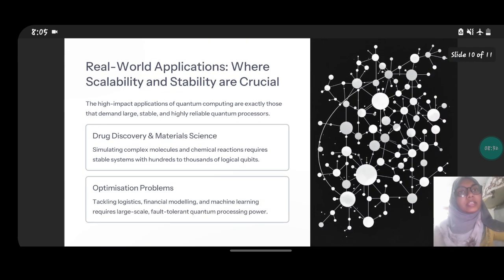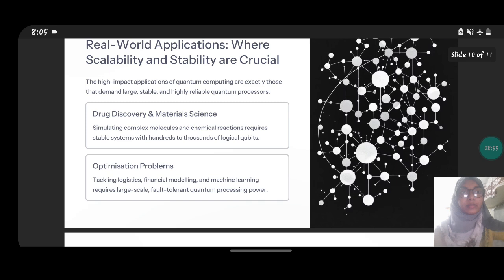Coming to real world applications where scalability and stability are very crucial. The first application is drug discovery and material sciences, used in medicine and instruments in medical and material sciences.